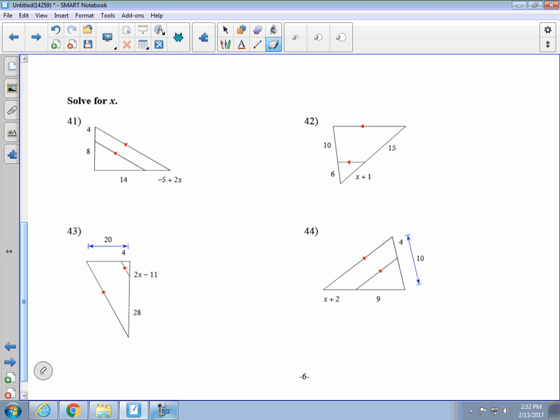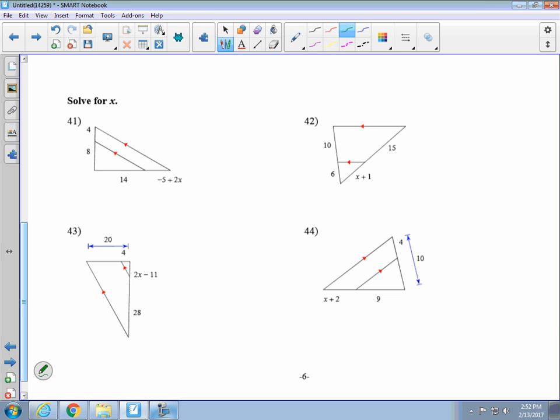Okay, so what we're going to do is set up another proportion here, and the proportionality of this is going to be that we look at the segments that are created by the parallel lines.